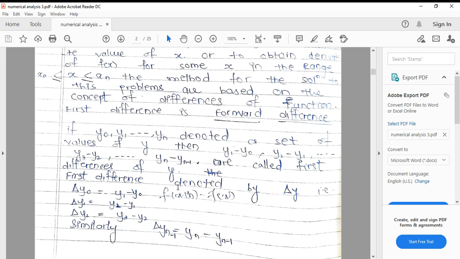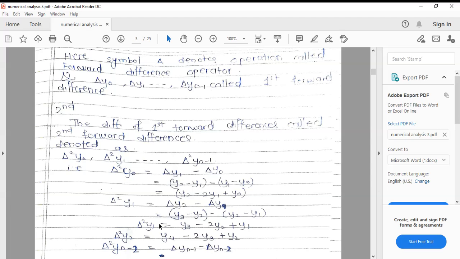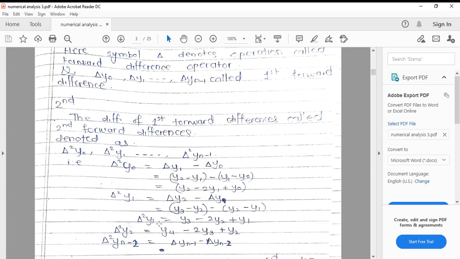These types of differences we call first differences or first forward differences. It is denoted by delta y, and delta y0 will be y1 minus y0. And what is the next? Delta y1 is y2 minus y1, delta y2 is y3 minus y2 and so on. Here delta denotes the operation called the forward difference operator.